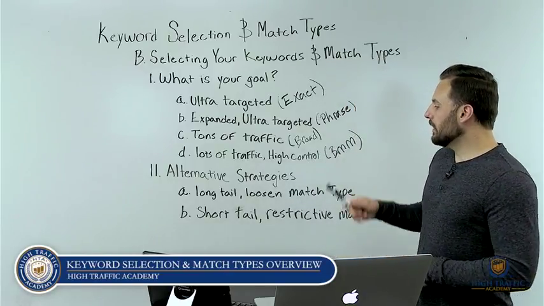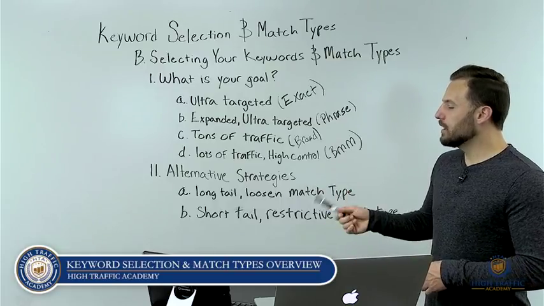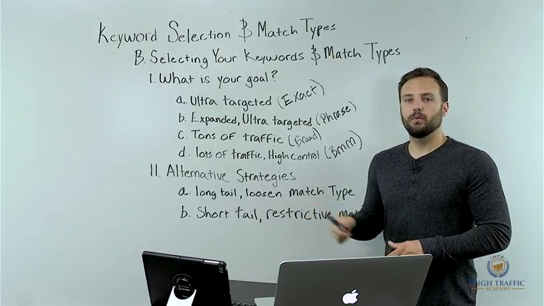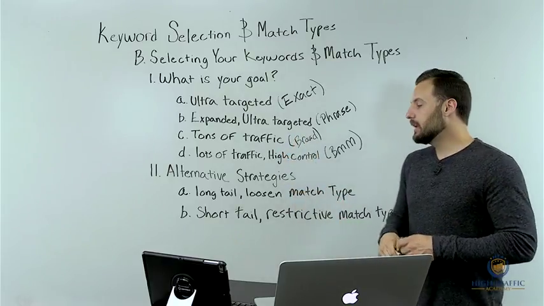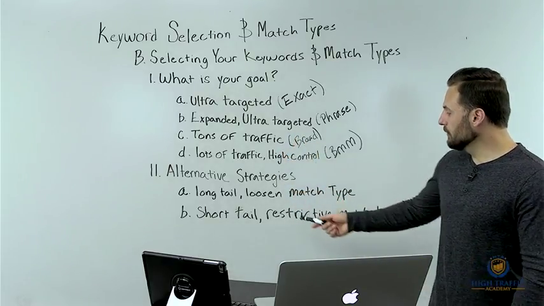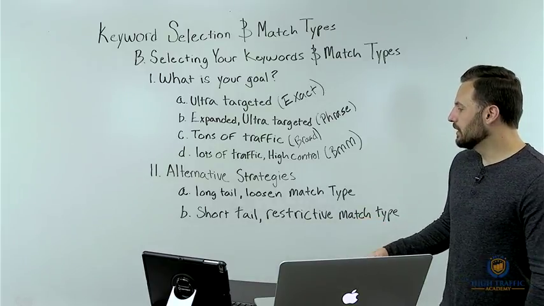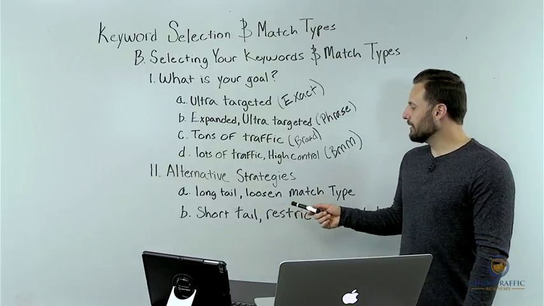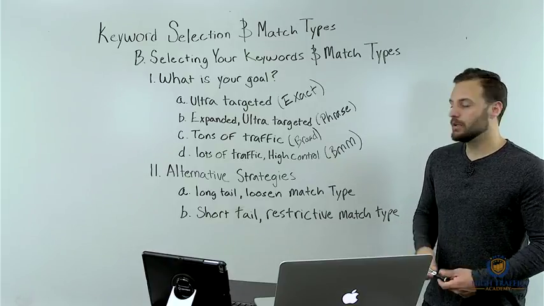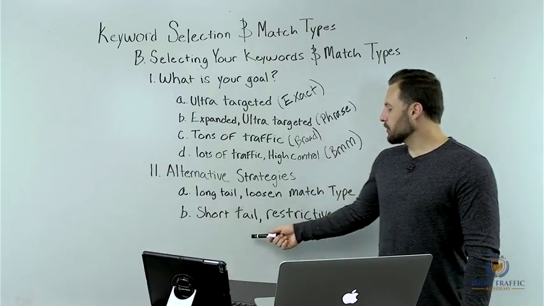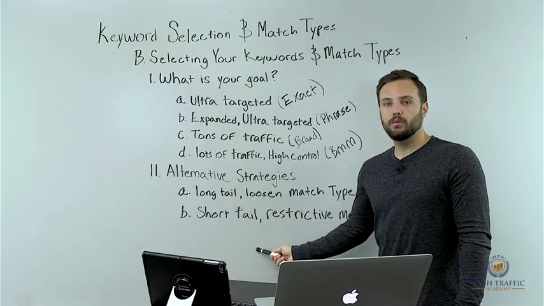So if you are targeting a long tail keyword with multiple, 4, 5, 6 maybe keywords in it, you can loosen up the match type a little bit and maybe start off with something in a broad match modifier as a test even.